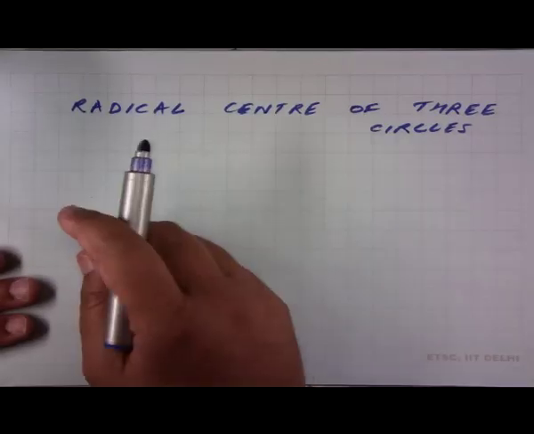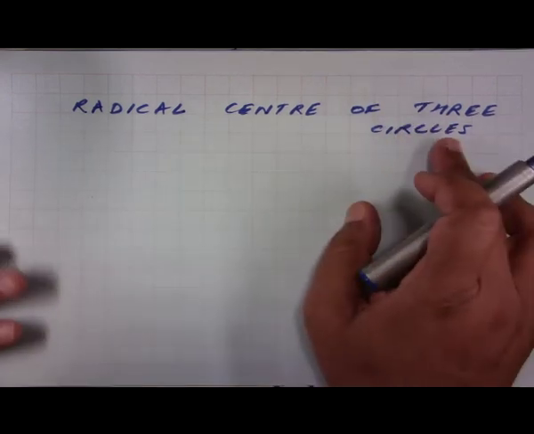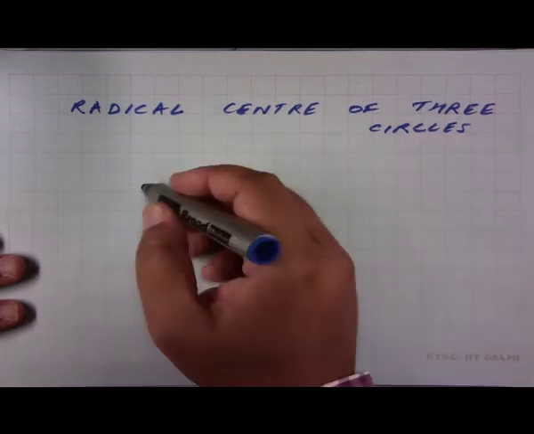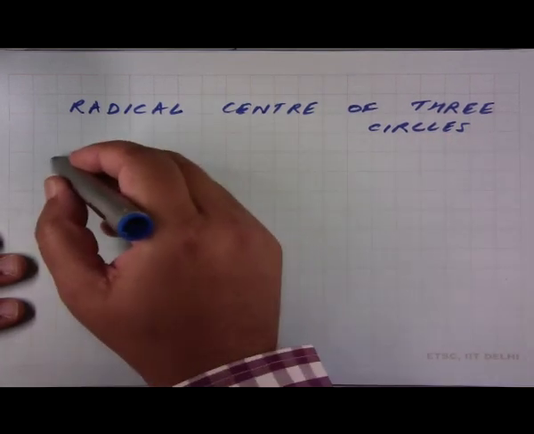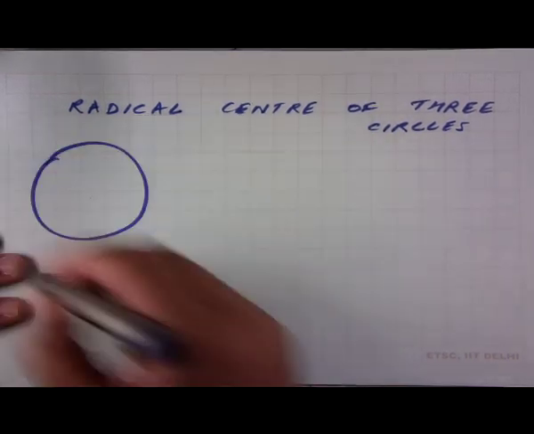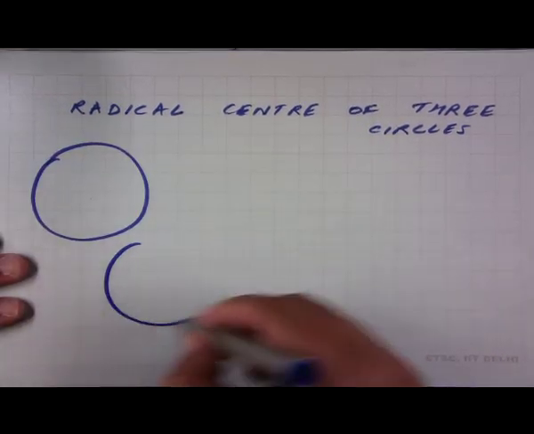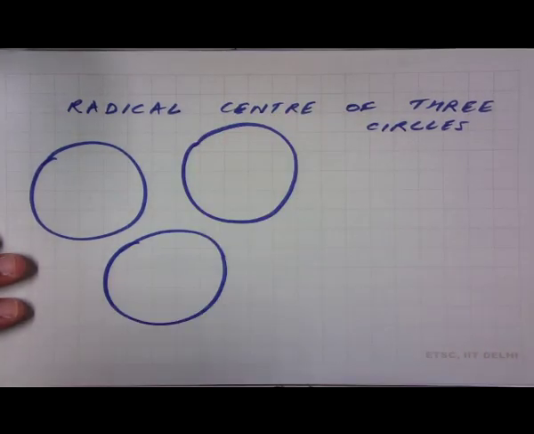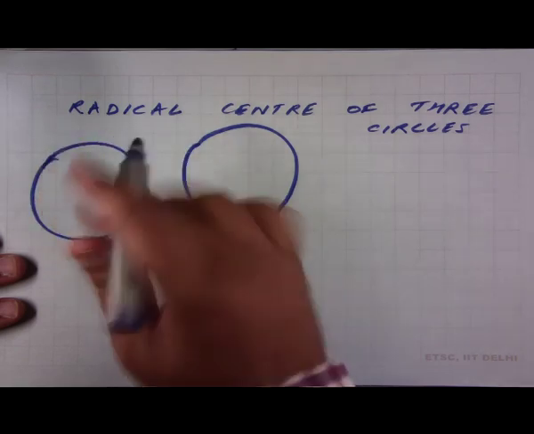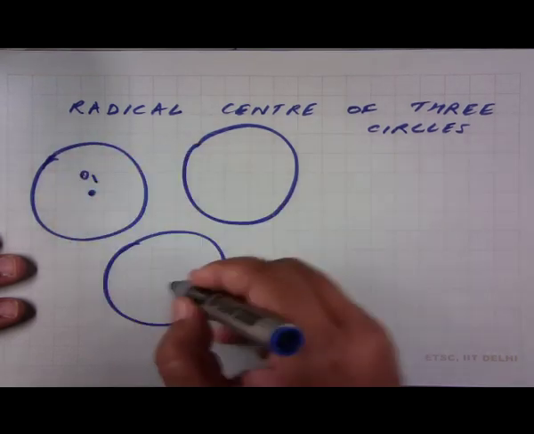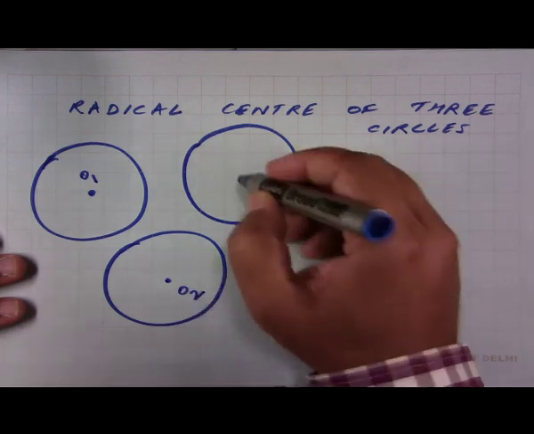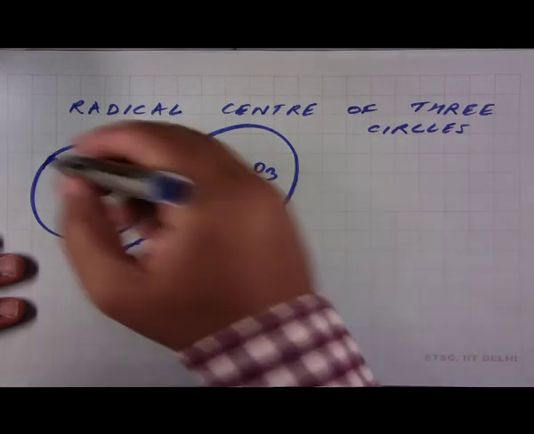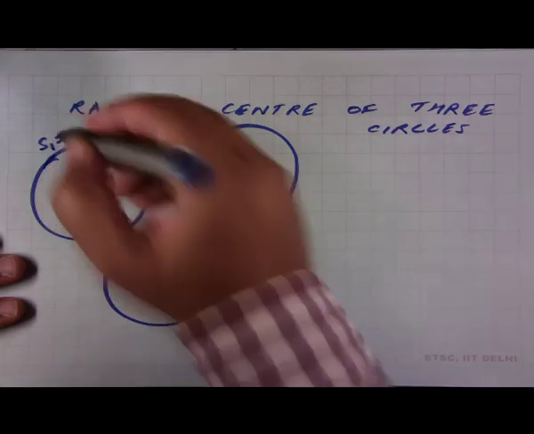Now, given that we know what is meant by the radical axis between any two given circles, we will now define what is known as the radical center of any three given circles. So, suppose we are given three circles like this. Let us say that the centers are at O1, O2 and O3, and let us say that the equation of the first circle is S1 equal to 0.